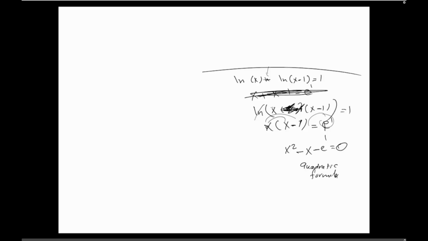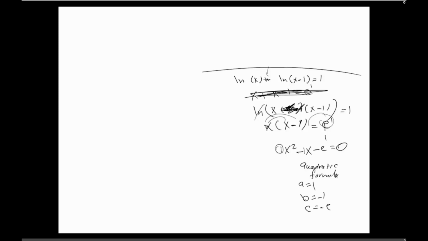And in this case, a equals 1, b equals minus 1, and c equals minus e. And yeah, we will end up with the value.